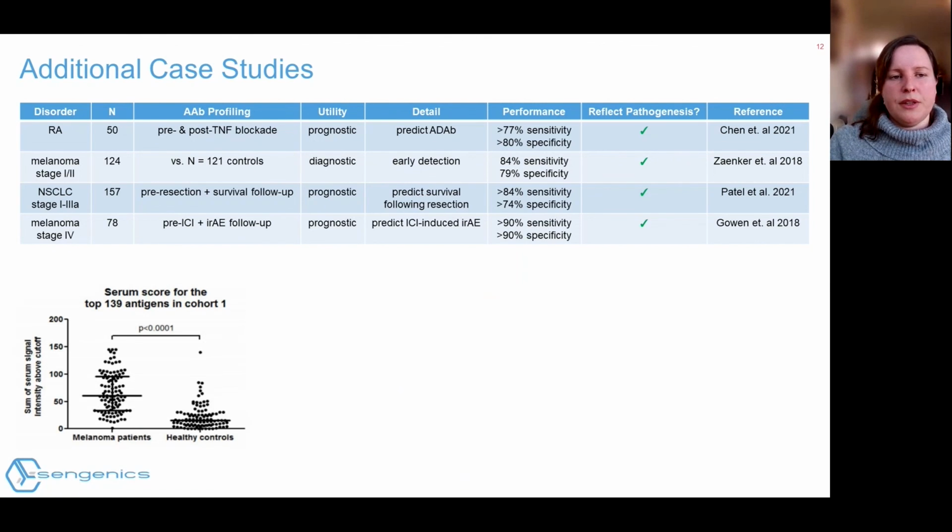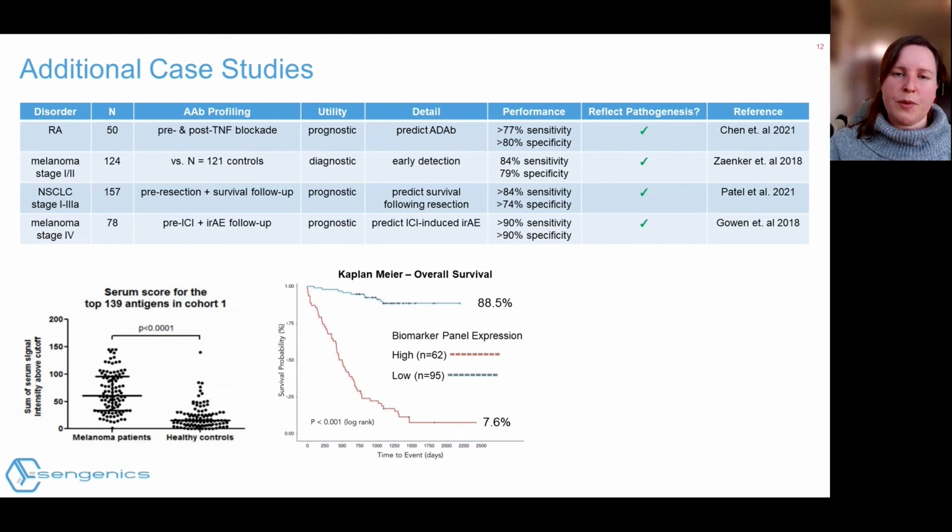Moving on to the next item in the table, non-small cell lung cancer. Here, autoantibody profiling was done pre-resection, and the patients were then followed up for at least 5 years for survival. And it turned out that an autoantibody panel was able to predict 5-year survival following resection with greater than 84% sensitivity and greater than 74% specificity.